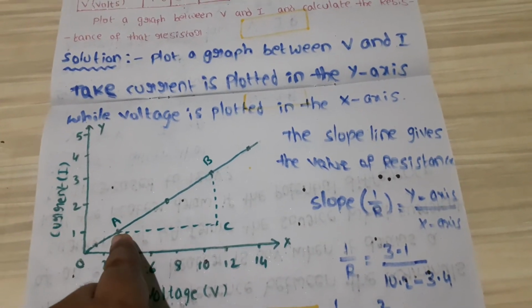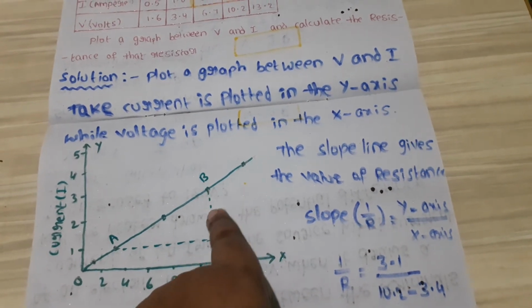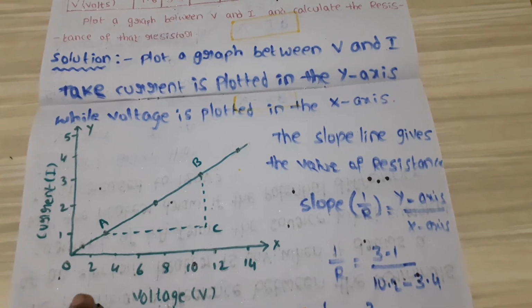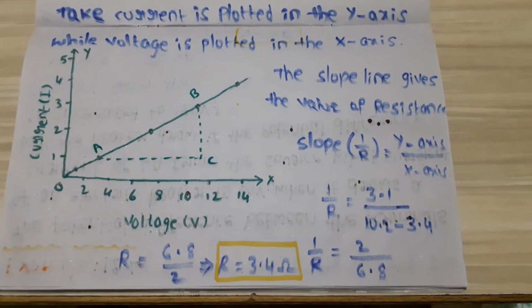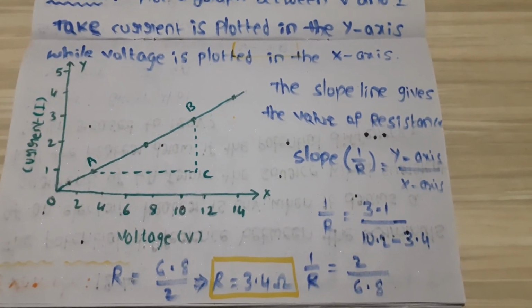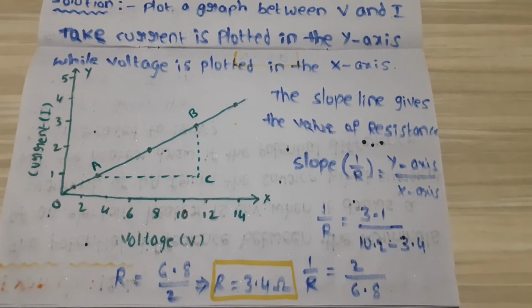Take the x-axis values: 10.2 minus 3.4. On numerator 2, on denominator 6.8. Total value of the resistor is 3.4 ohms from the graph.